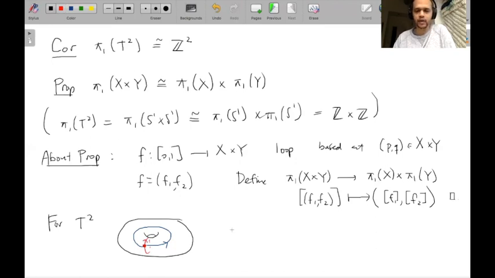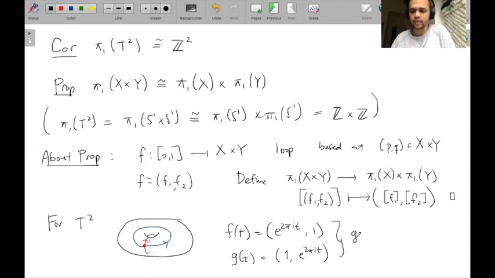So you have f of t is e to the 2 pi i t comma 1, and g of t is 1 comma e to the 2 pi i t. These generate pi1 of the torus.